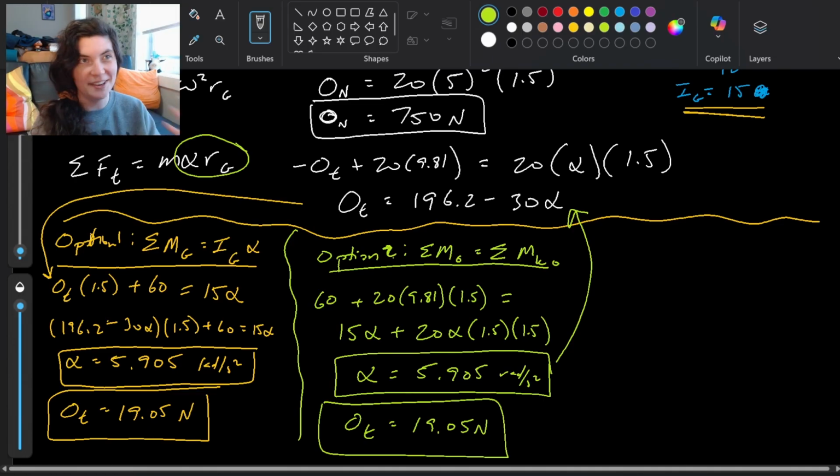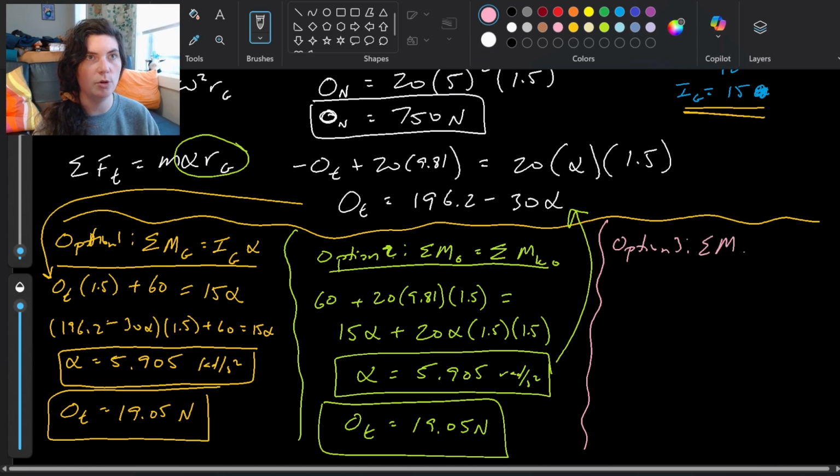But wait, there's more. There's still a third option we could do. Here's the third option for moments. Sum of moments about point O. So the left side of the equation is still the same as option 2. But now, we say that equals I_O alpha.